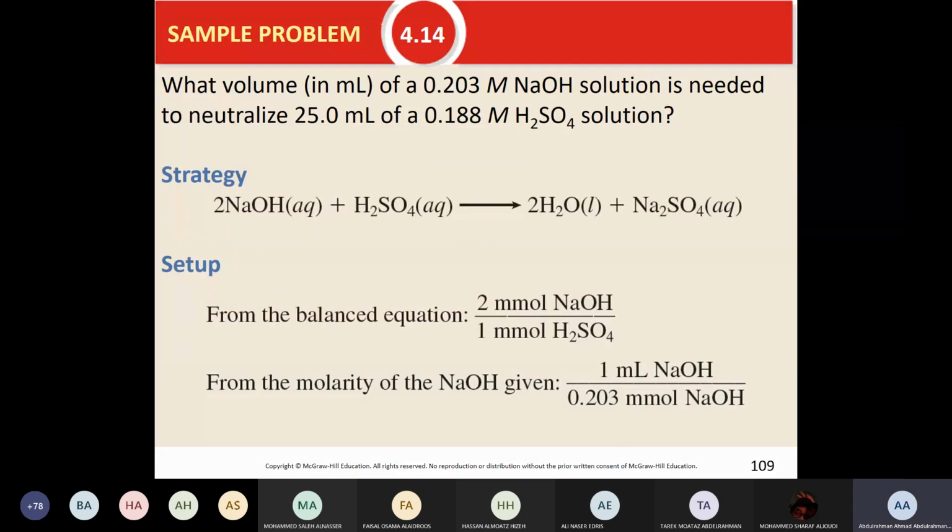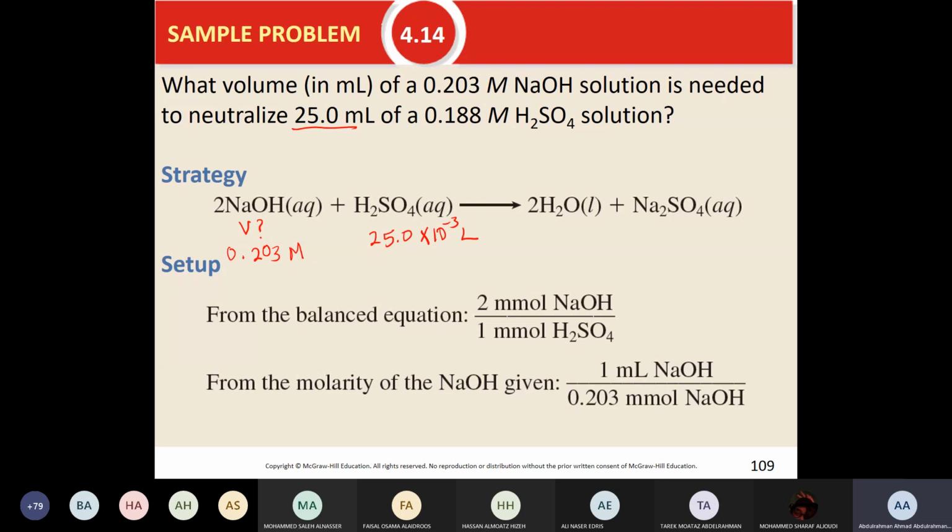Good. What volume of an NaOH solution is needed to neutralize H2SO4? So I have an NaOH solution. I want to neutralize it with H2SO4, and I want to know what's the volume. Volume of NaOH is unknown, but I know that the molarity here is 0.203 molar in NaOH, and I know the volume for H2SO4 is 25.0 times 10 to the power minus 3 liter.